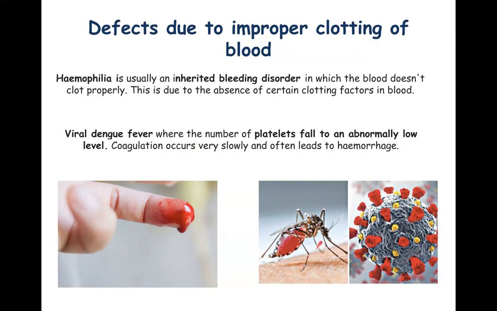It's caused by the bite of the Aedes mosquito. So if one person is infected, and that person's infected blood is sucked by an Aedes mosquito and the mosquito bites another person, it transmits the viral dengue fever. So this is also due to improper clotting of blood. Both of these defects are due to improper clotting of blood.